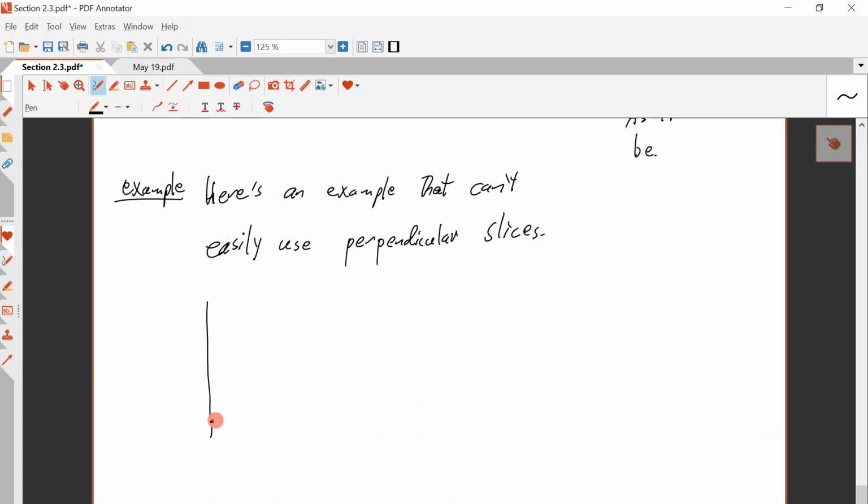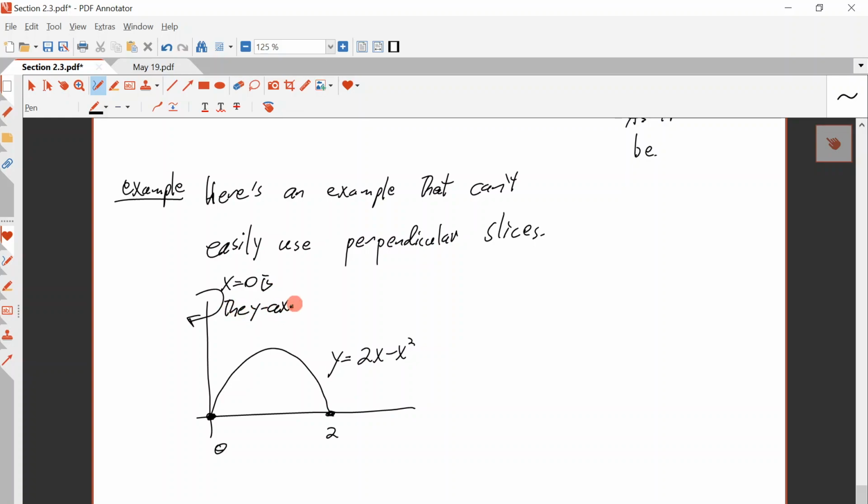So we're just going to take the function y equals 2x minus x squared. So this is 0, this is 2, and I'm just going to rotate it around the y-axis. So x equals 0 is the y-axis.